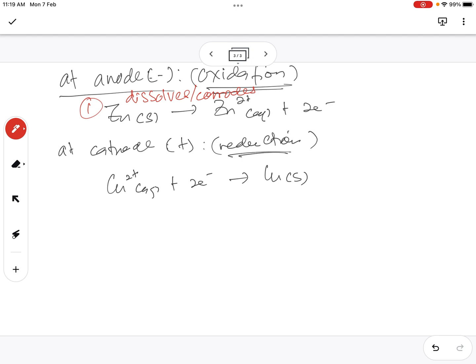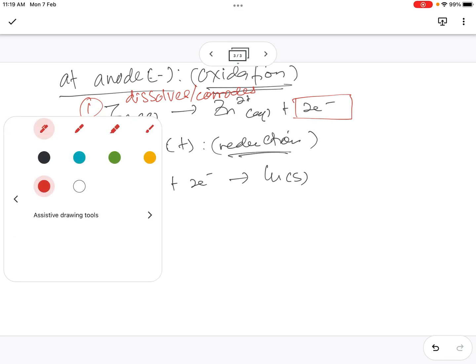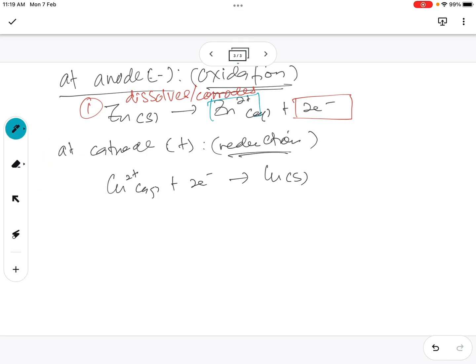Dalam BM terlarut. So perkara pertama berlaku, zinc kita terlarut, dissolves, corrodes, then dia akan hasilkan 2 elektron. Zinc 2+ ni akan masuk dalam solution.